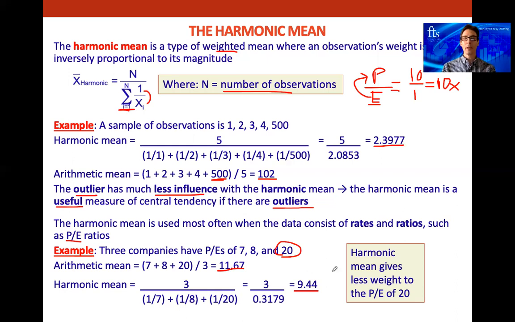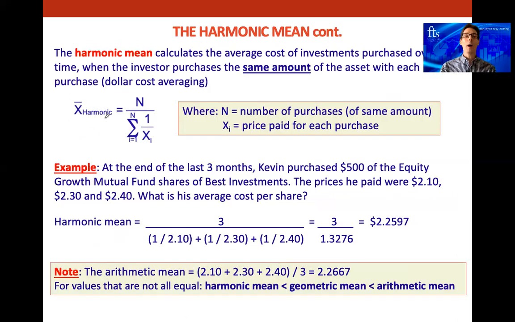So in other words, the harmonic mean is giving less weight to that high PE of 20.